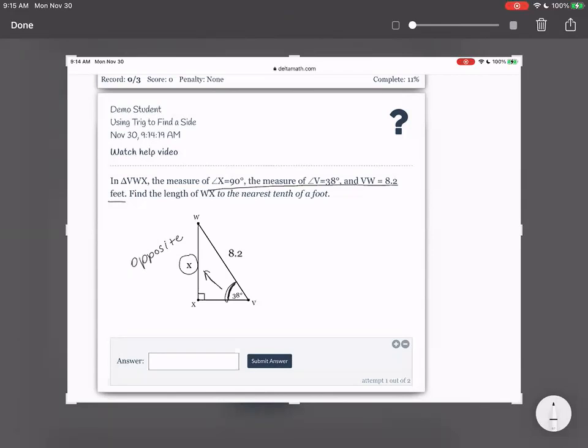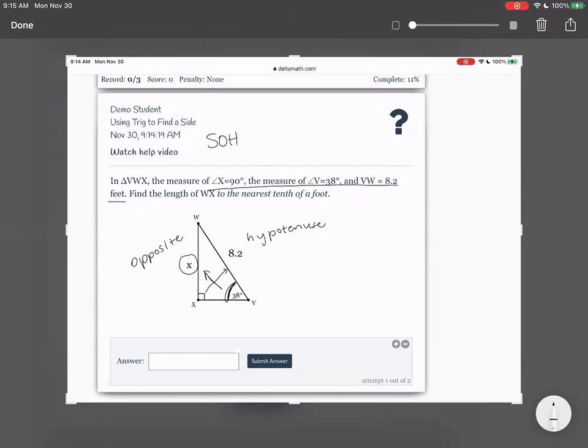And then we have the 8.2. The 8.2 is directly across from the right angle. So any side that is directly across from the right angle is also the longest side, also known as the hypotenuse. Okay, so we have the opposite and we have the hypotenuse.